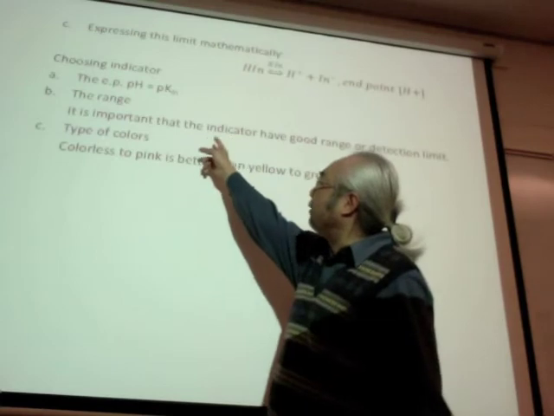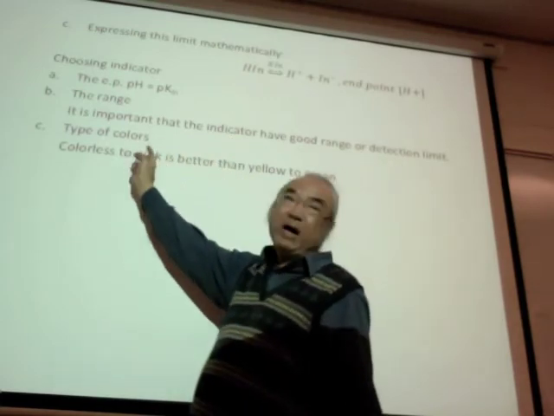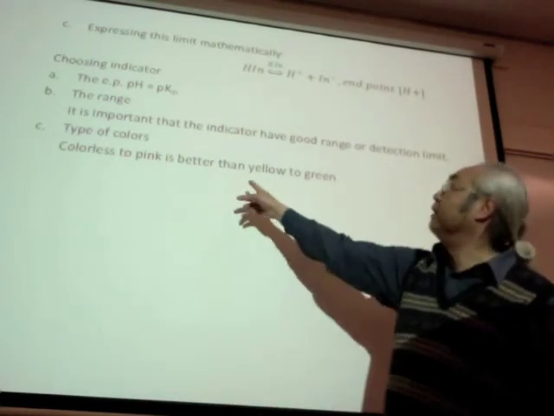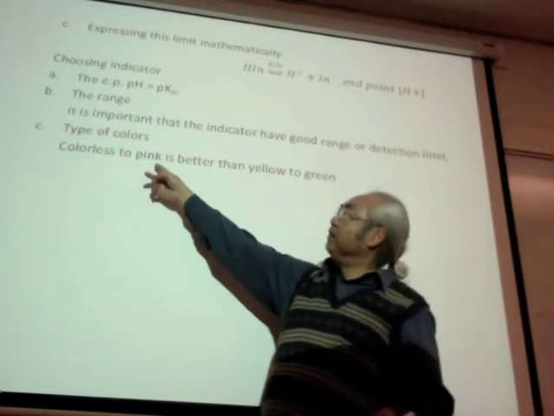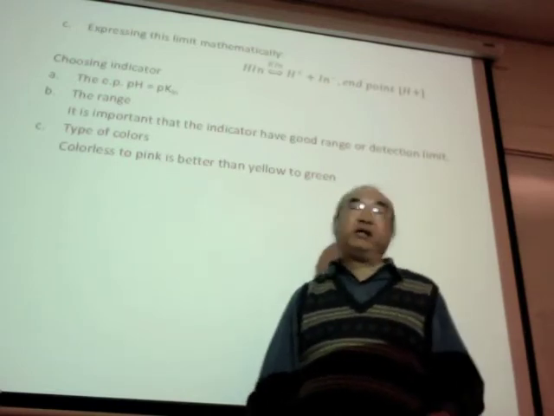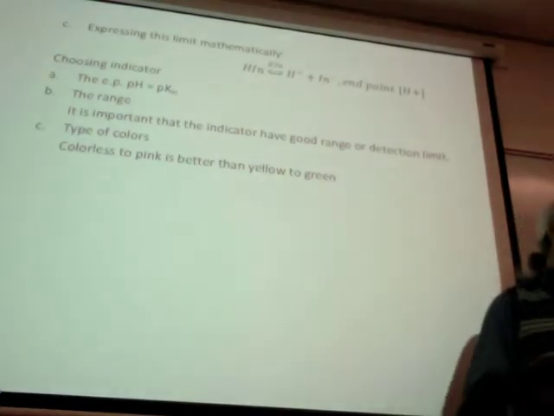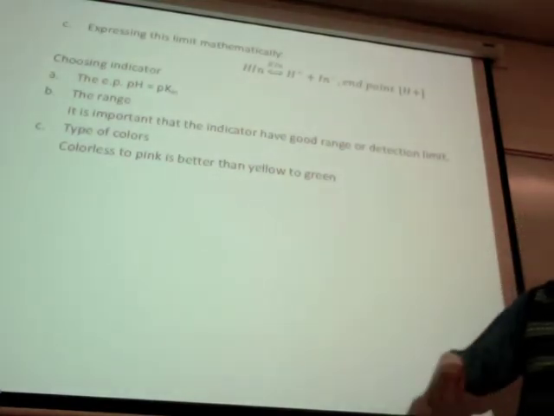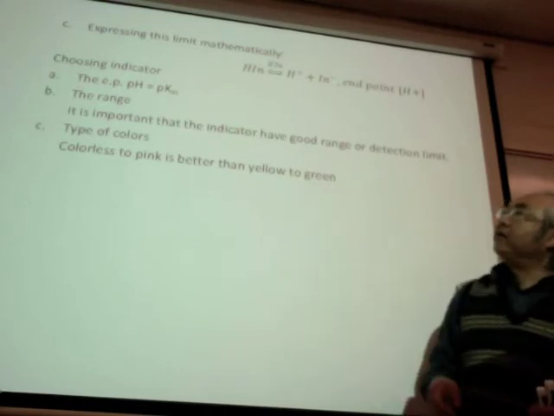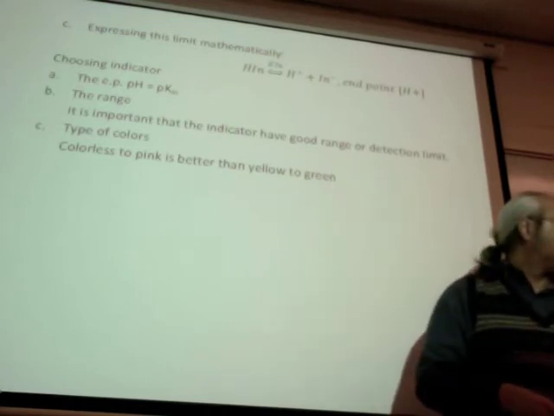Then the third criterion is the type of color, right? You want something like colorless to pink, which is ideal. If you pick one between yellow and green, it is so fussy. Okay, so those are the criteria. Sometimes it's a trade-off.